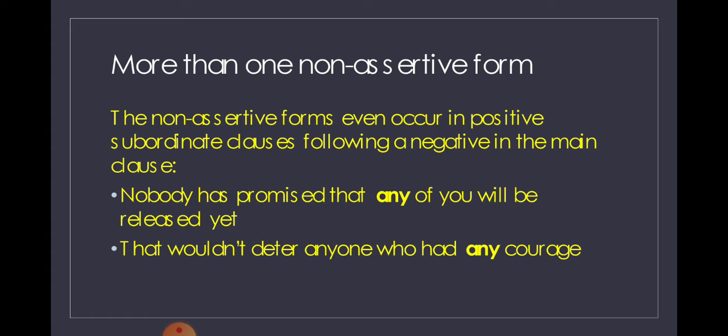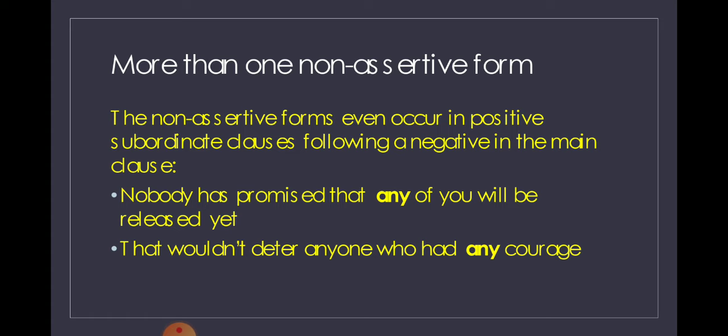For example, nobody has promised that any of you will be released yet. Notice here, the main clause is nobody has promised. This is the main clause, and it contains a negative word, which is nobody.